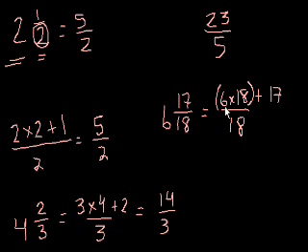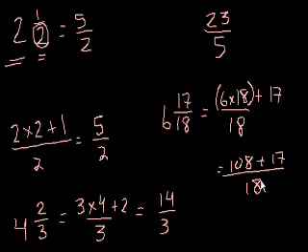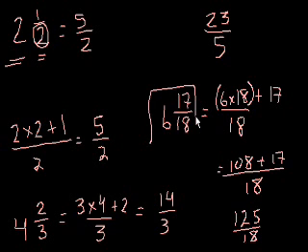Well, 6 times 18, let's see, that's 60 plus 48, it's 108. So that equals 108 plus 17, all of that over 18. 108 plus 17 is equal to 125 over 18. So 6 17/18ths is equal to 125 over 18.